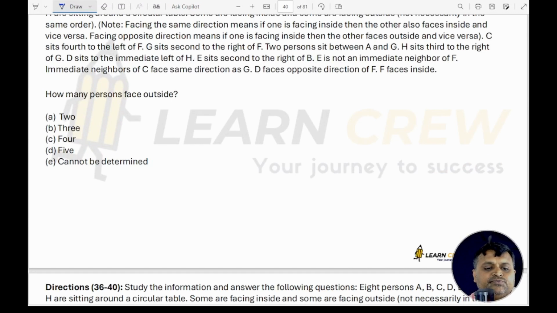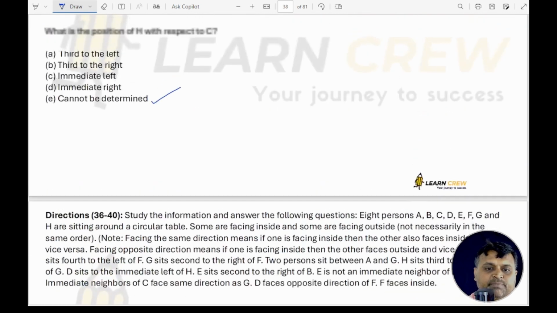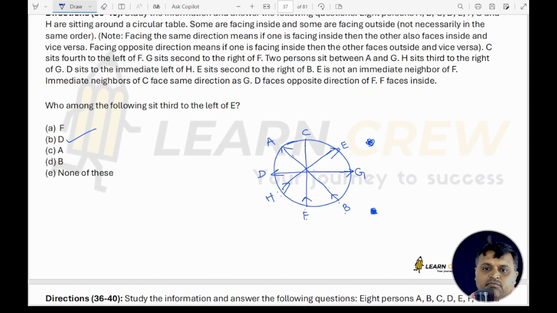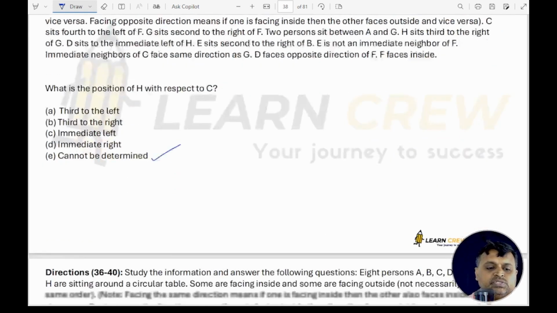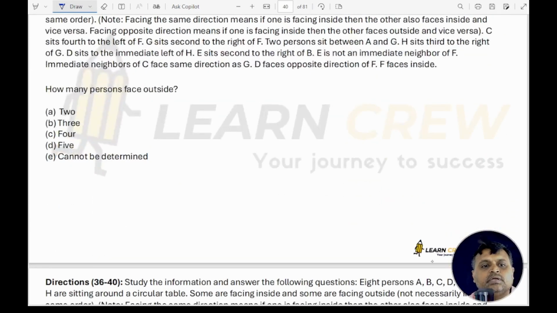How many persons are facing outside? 1, 2, 3, 4. There are 4 persons who are facing outside, and for the last person C, we don't know whether he is facing inside or outside.